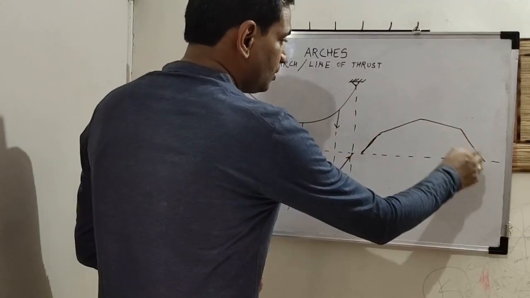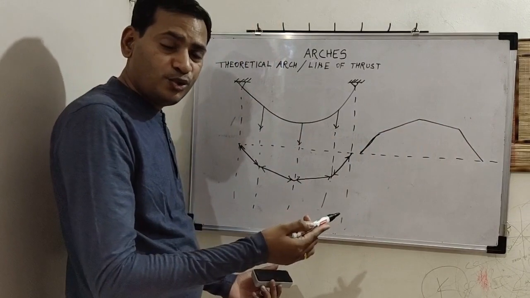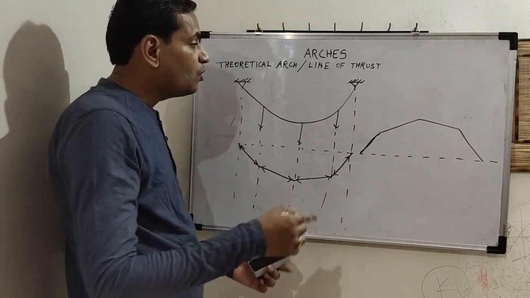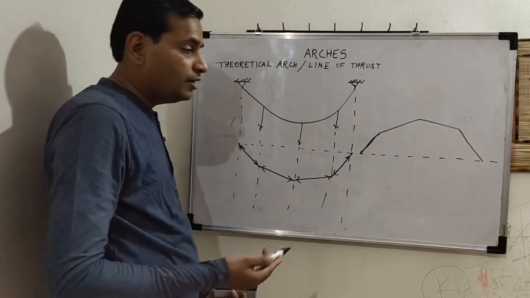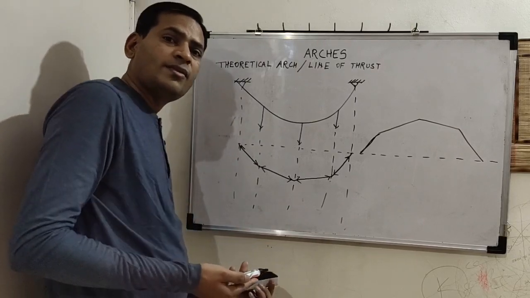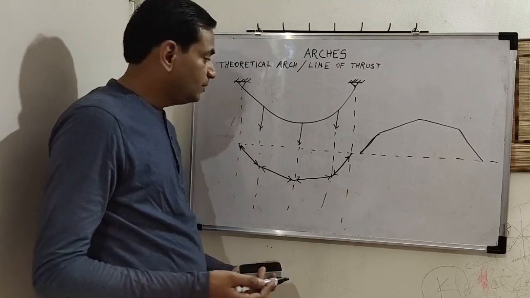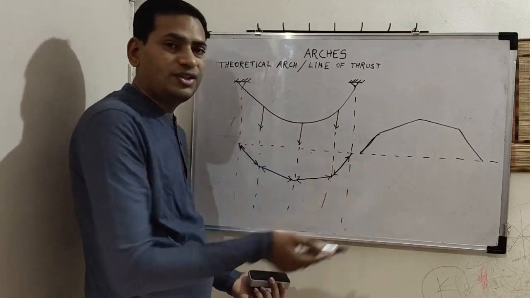On the arches, these are loads. Arches are usually used in bridges. On bridges there are wheel loads. Wheel loads are passing from one location to the other, that is, vehicles are passing over the bridge. So at each time, the location of this load will change.